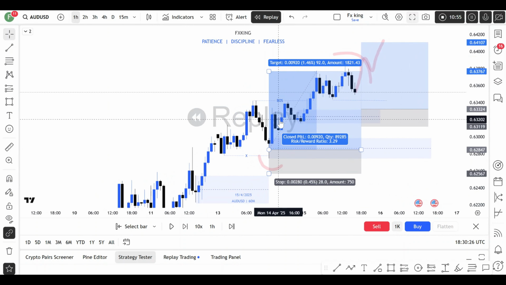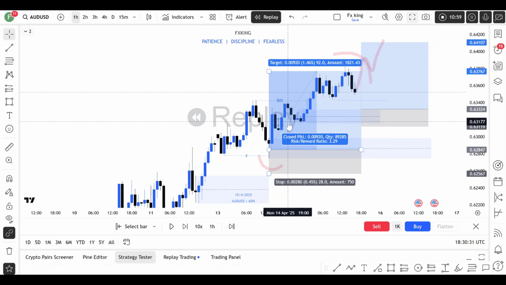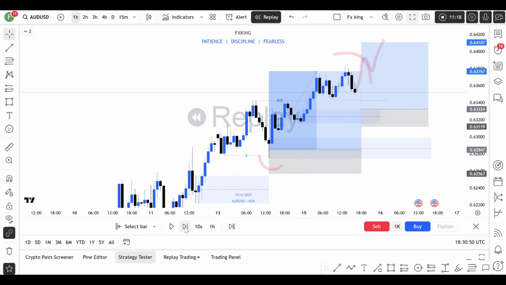For here we don't have another POI. We just have our decisional POI and our extreme. You can see this zone doesn't meet the requirements of a valid pullback, so that is why we are not considering that zone.